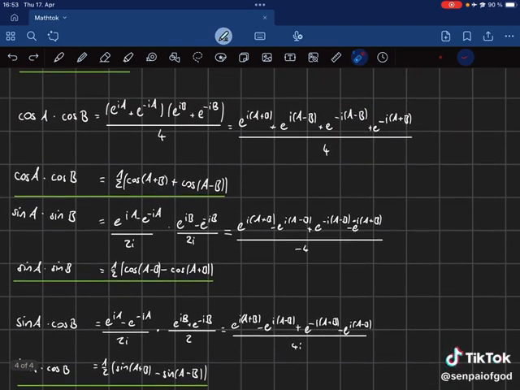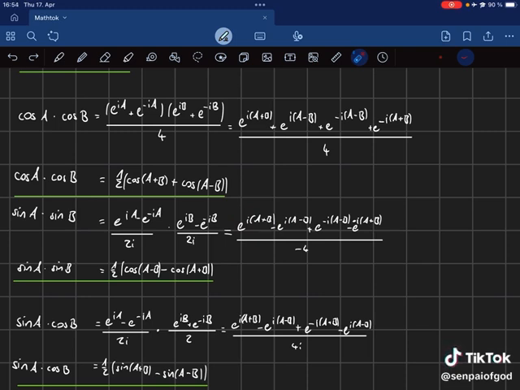Next up is sine of a times sine of b. We basically have the same, just with a different denominator. And don't forget the brackets, and we expand the brackets and multiply both denominators. So we have e to the power of i times a plus b, and as you can see, the rest all over minus 4.